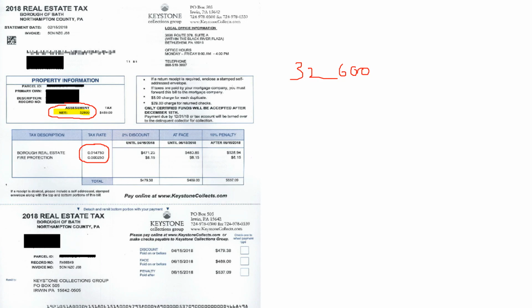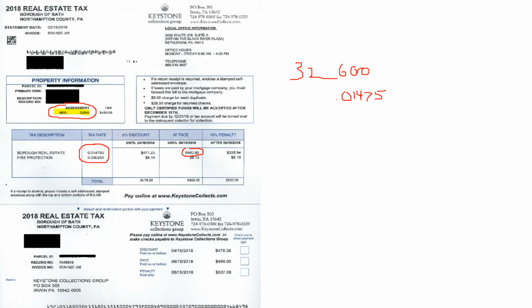So now using the tax rates, we have the first one here at 0.01475. And now if you just do the multiplication on that, so we know it's 32,600 times 0.01475, and that will provide us with a face value tax right here, which is $480.85.